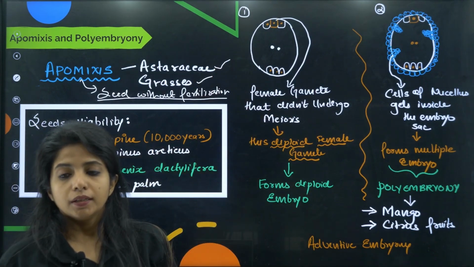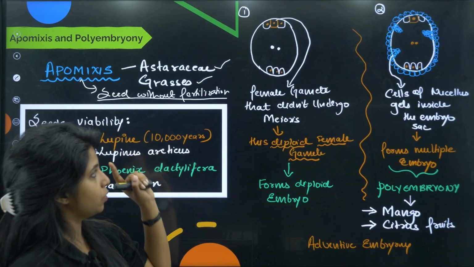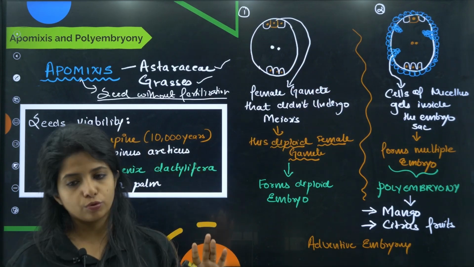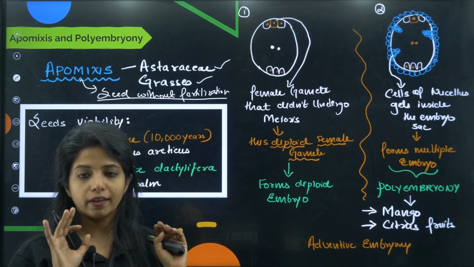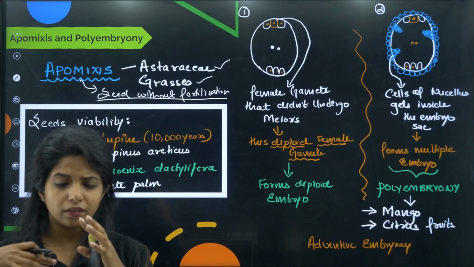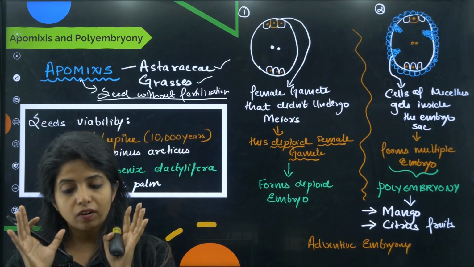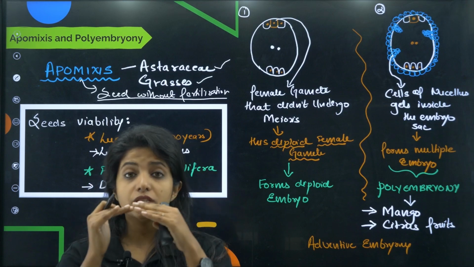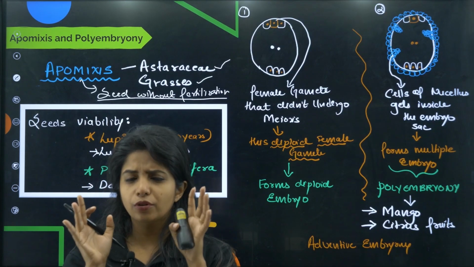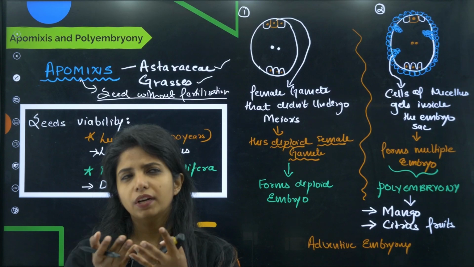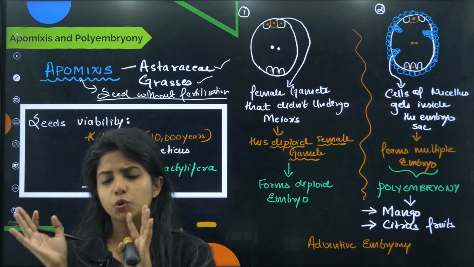Basically what happens, first scenario is when there is a female gamete. You know how it is produced usually. The megaspore mother cell undergoes meiosis to form the megaspore, right? There will be a megaspore formed as the end result of meiosis, so haploid number of chromosomes are there. Now this particular cell undergoes nuclear division and there will be 8 nuclei.